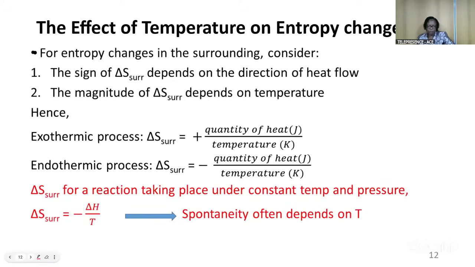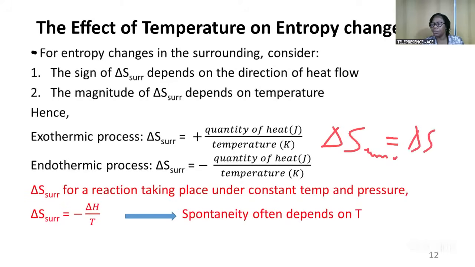If heat is flowing out of the surrounding, it means it's flowing into the system. And you will also consider the magnitude. These are what play out in that expression we put earlier: delta S of the universe equals delta S of the system plus delta S of the surrounding.